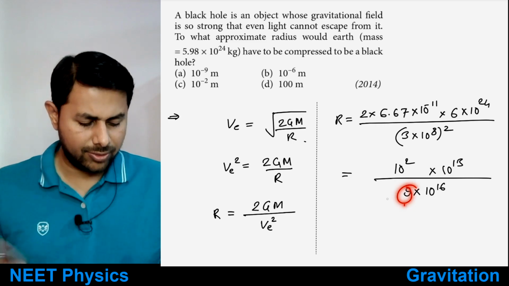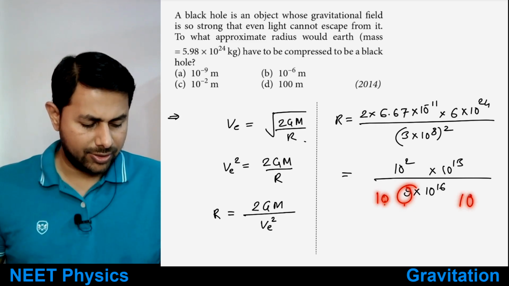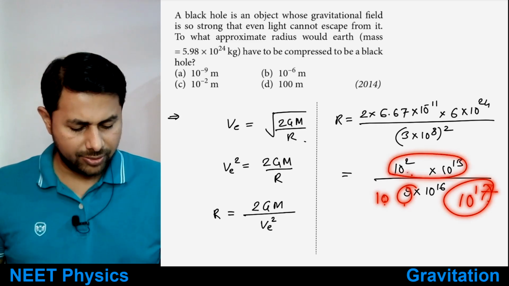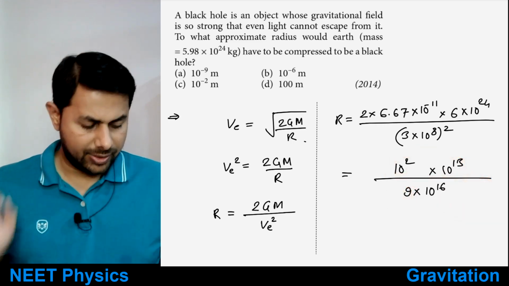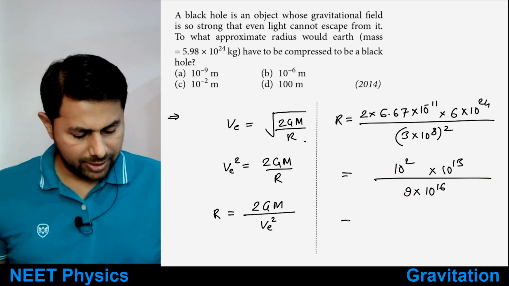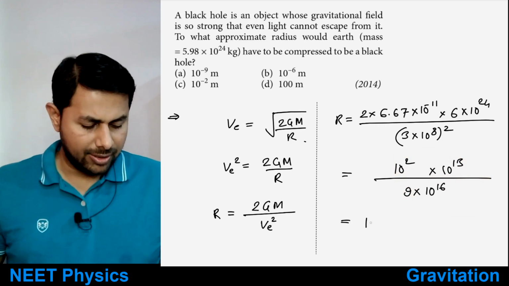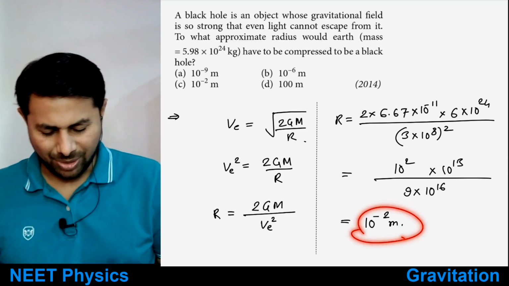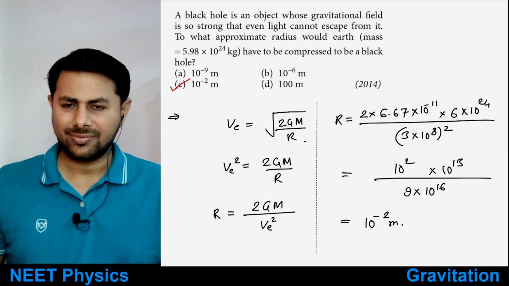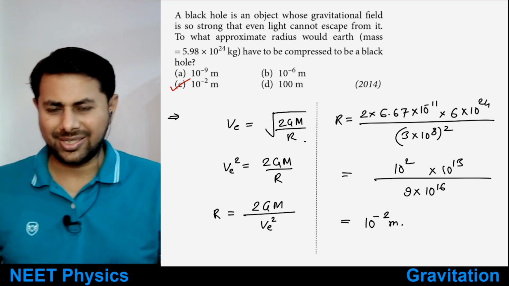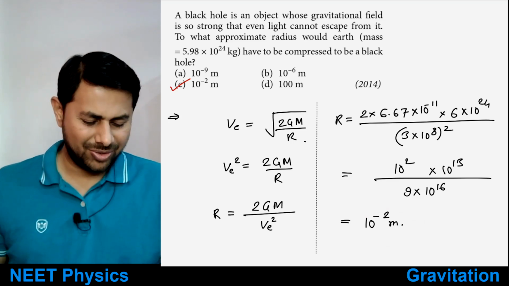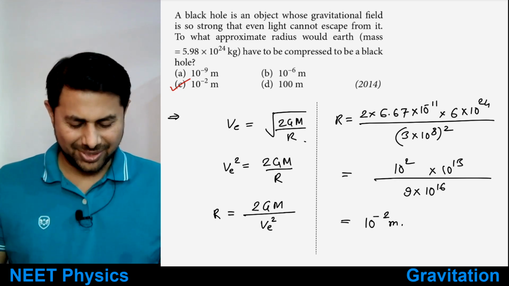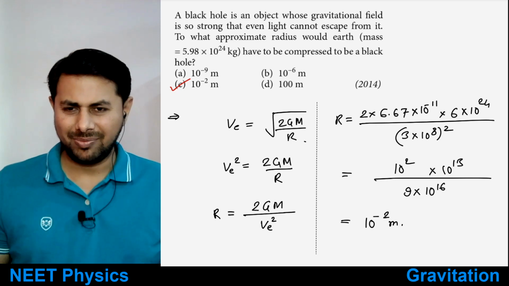So this also you approximate to 10, so this is 10 raised to 17. And in the numerator you have 10 raised to 15. So the answer is 10 raised to 15 minus 17, that is 10 raised to minus 2 meters. So it is option C, if my calculation is correct. You need to compress Earth to a radius of 10 raised to minus 2 meters, then it will be a black hole.